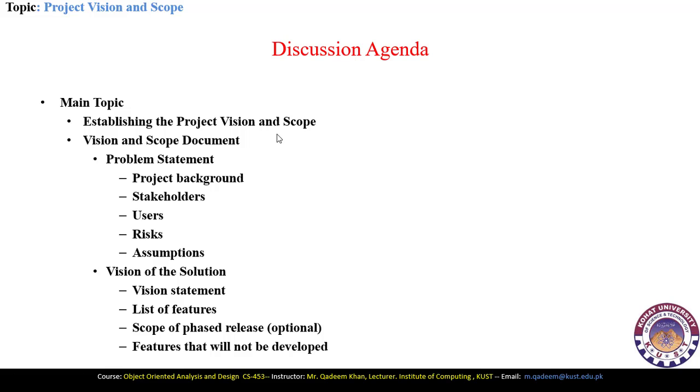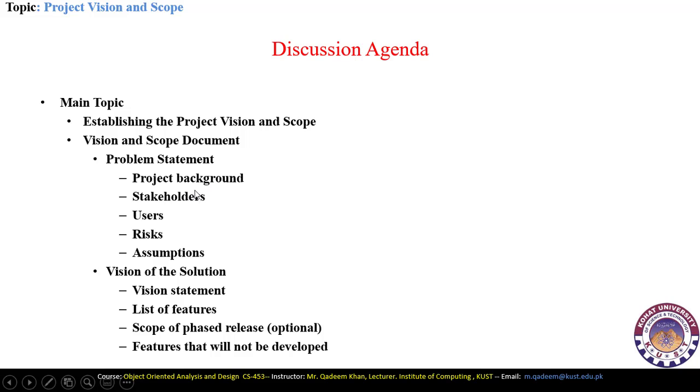Then we have the vision and scope document. It contains the topic of the problem statement. The problem statement is in fact the statement which contains the problem of the user, that what sort of solution we are going to provide to the end users. The problem statement has the subtopic of project background.